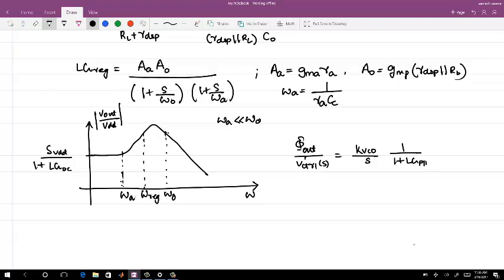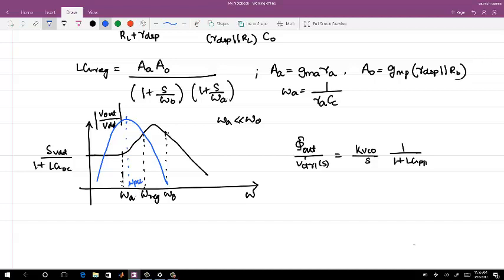So the transfer function of phi out by V control is something like this, where this is independent of the loop we are considering. This position will be at omega PLL.